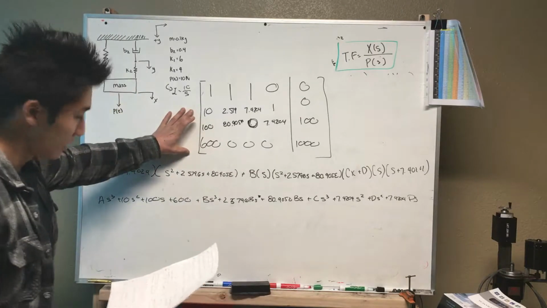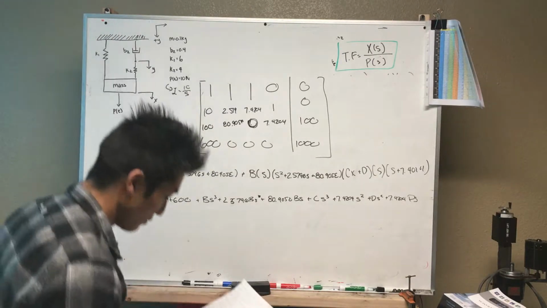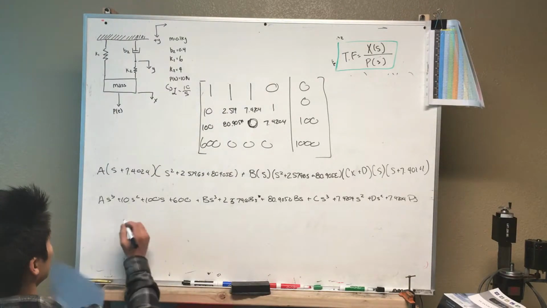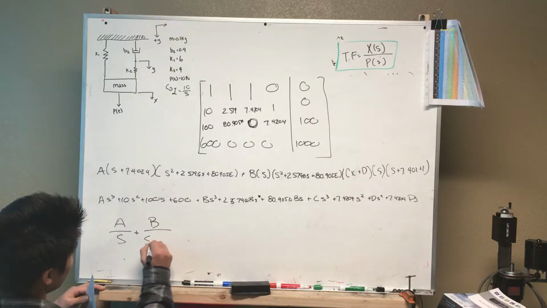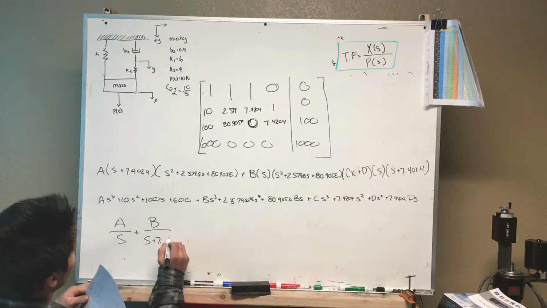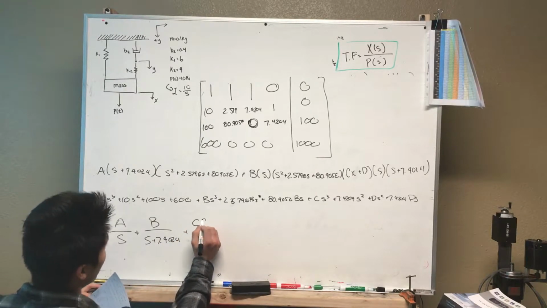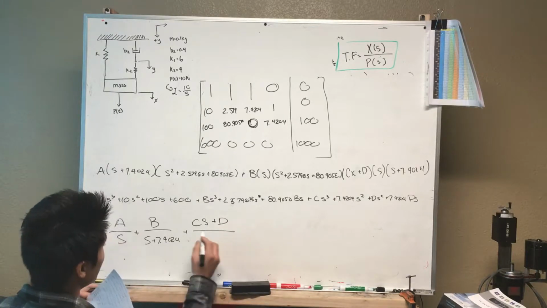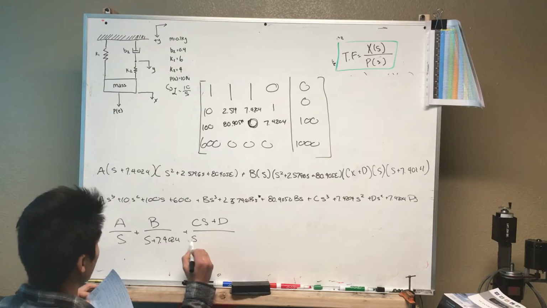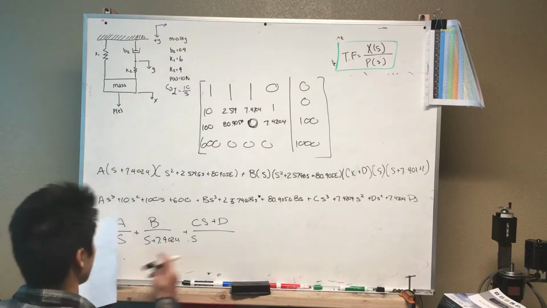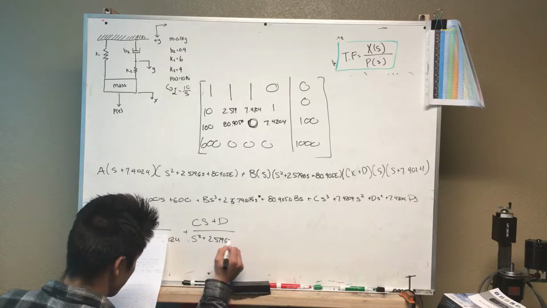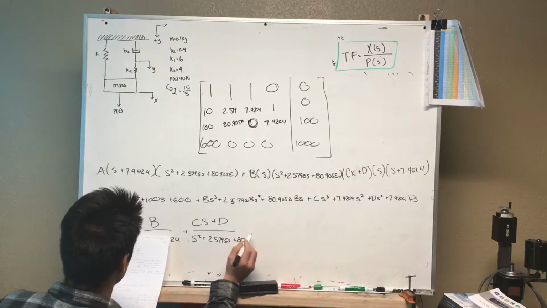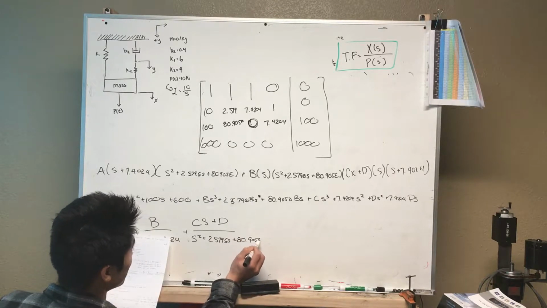because what we're trying to do is, like I said before, A times s plus B times s plus 7.4204 plus Cs plus D equal to, what was that? Here it is. s squared plus 2.5796 s plus 80.9058.